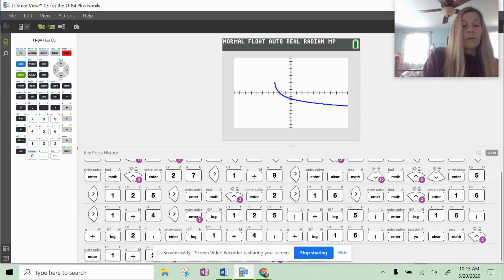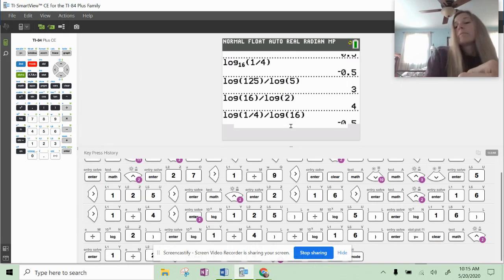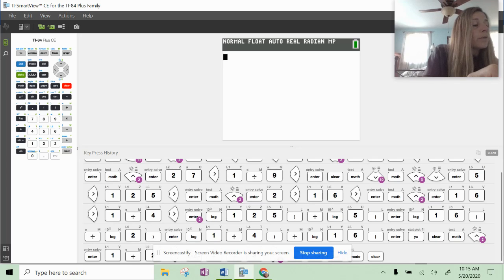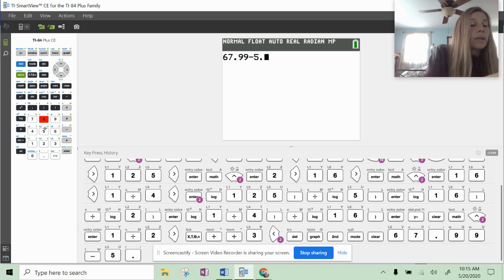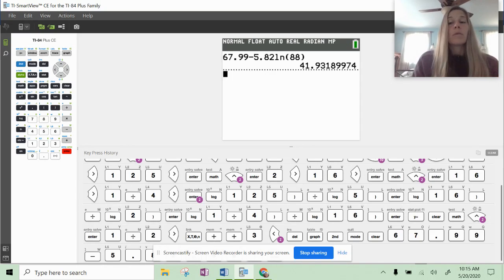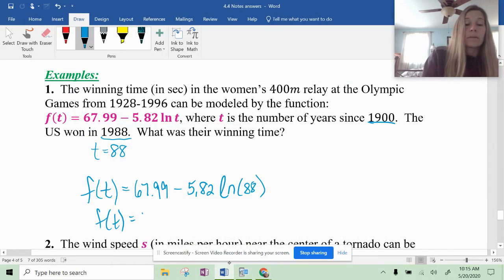So on your calculator, you are going to put in 67.99 minus 5.82 ln, and then in the parentheses, you're going to do your 88, close the parentheses, it equals, and you get 41.93, and this would be seconds. And that's pretty much it.